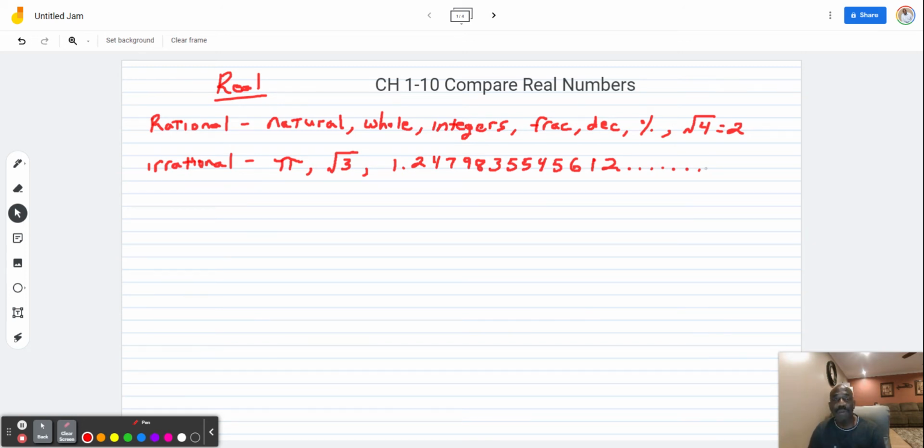Why? The number never ends and it never repeats. Now, when I say never repeats, I know you see the number 5 in there several times. I know you see the number 4 in there more than once. So when we say never repeat, we're talking about a pattern. You do not see a pattern in here. When you don't see a pattern and the numbers that you see do not end, it is irrational.